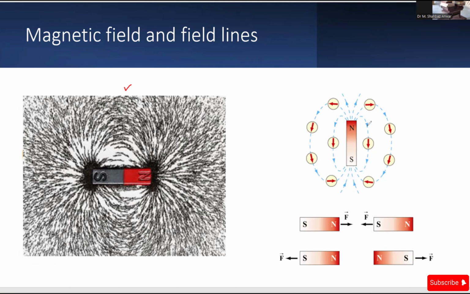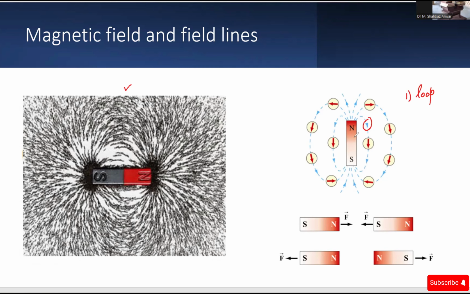The second thing is that they are always in the form of a loop. Loop means that a line will start and it will also terminate, so it makes one simple loop.